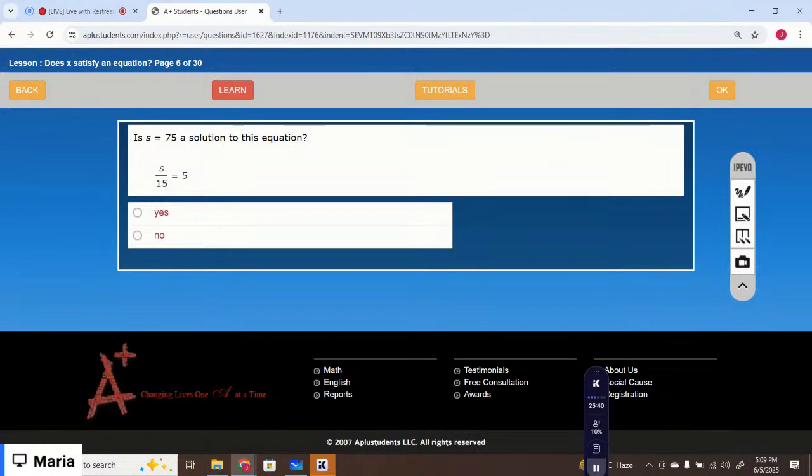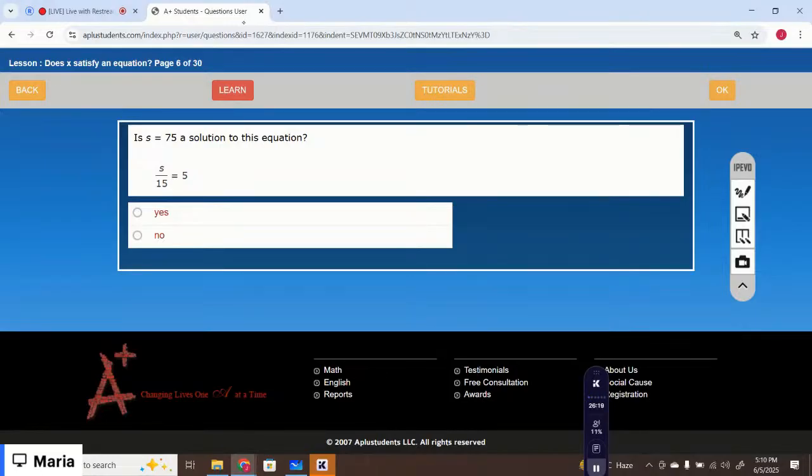Is s equals 75 a solution to this equation? 75 divided by 15.